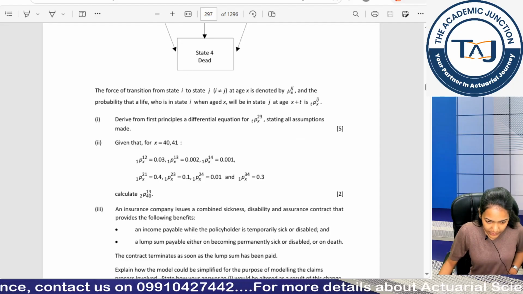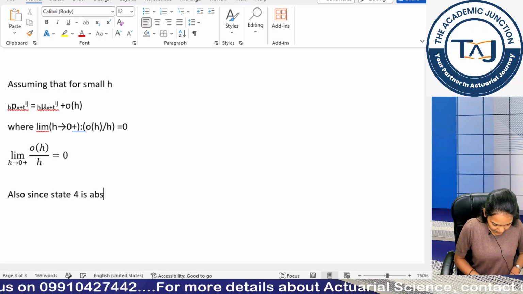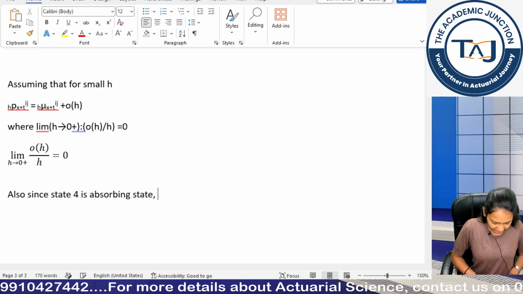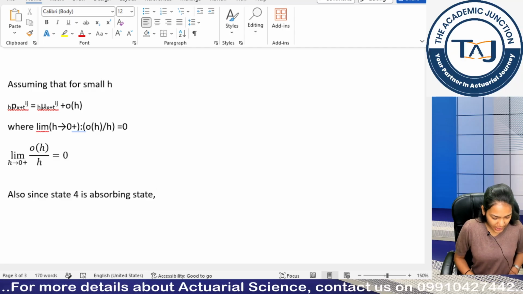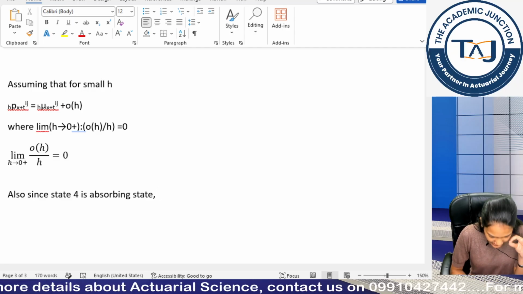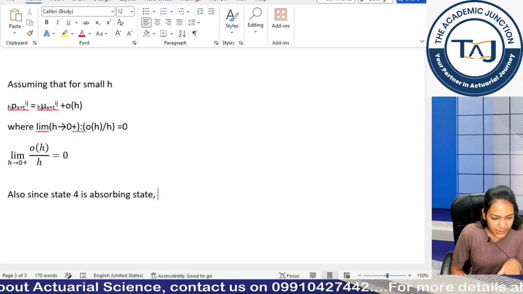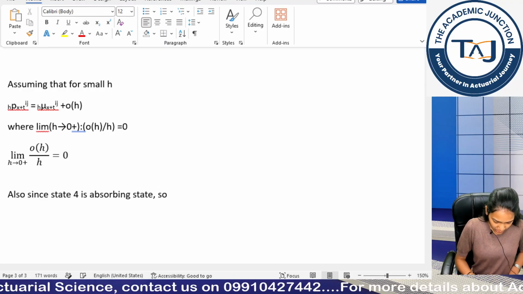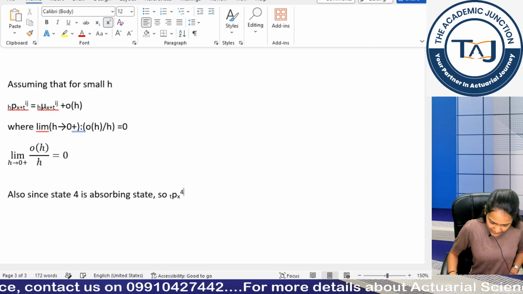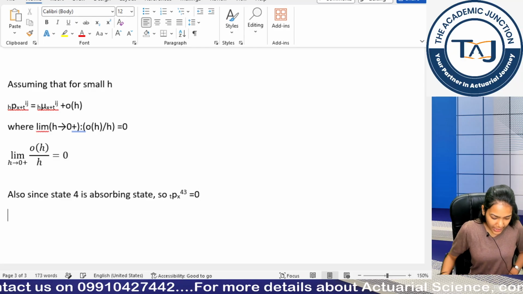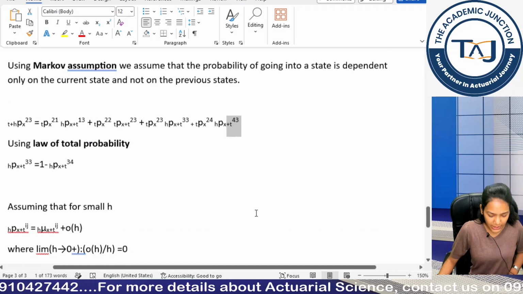So I will write, since state 4 is absorbing state, either you can write in words, or you can write in numerical terms or algebraic terms. So I can either write also, since state 4 is absorbing state, any probability of going to any other state from this state is 0. Or I can write, so control shift minus T, P, control shift minus X, shift plus 4, 3 is equal to 0. Why I took 4, 3? Because in my equation defined above, I have 4, 3 and I have no other state.